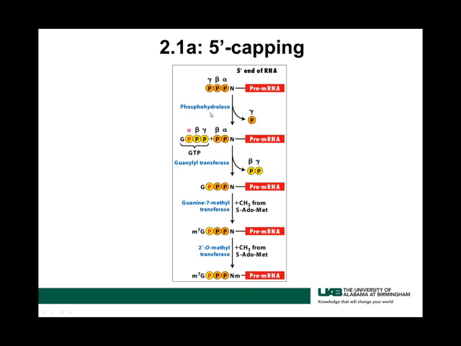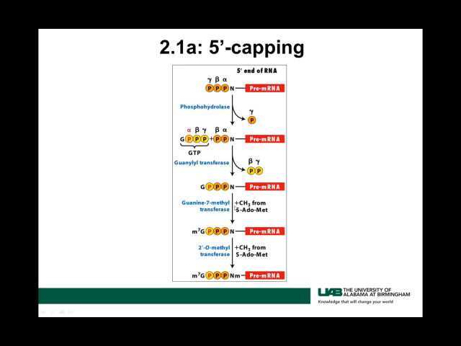And so the first thing that occurs is that you add GMP to that, using a phosphohydrolase to form GTP, and this is a very unusual connection because it's a 5' to 5' connection right here, and there's a reason for that. It is used for protection. And so after you generate that GTP linkage right here, then you can methylate it.